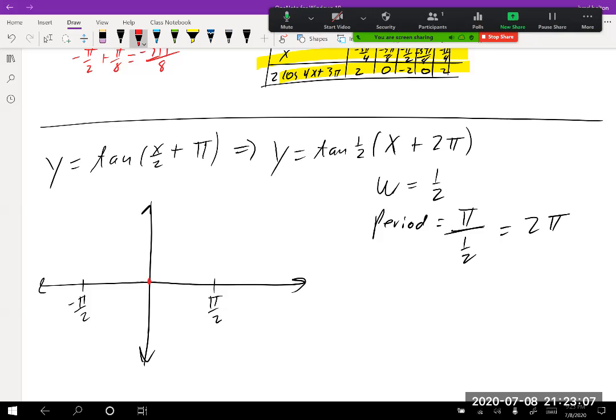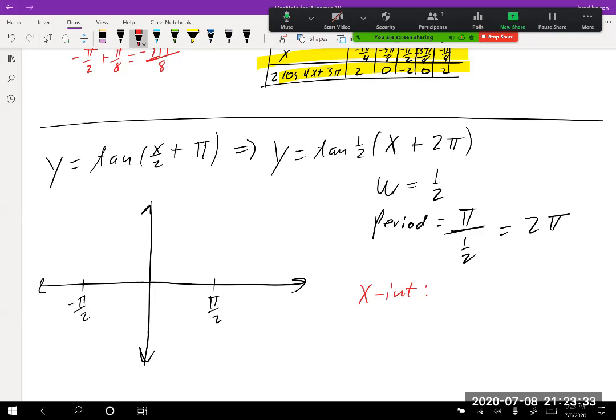But the problem is that that would be if the period was pi, and that would also be if we didn't have a shift. So what I would like to do is find my x-intercept first. This just helps me in general. X-intercepts are whenever the tangent function, whenever the cosine function is 0.